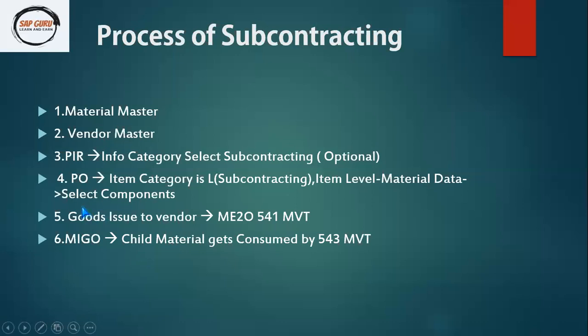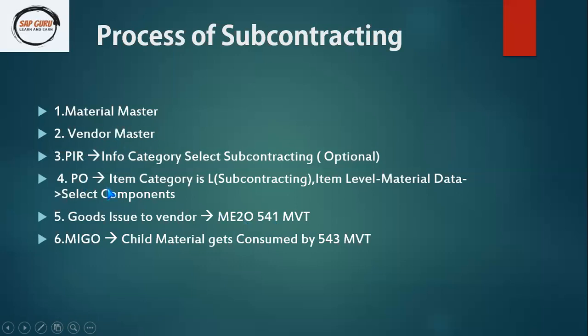Once the PO is created, then we have to issue the goods which we are supplying to the vendor's premise through a transaction called ME2O and movement type 541. Why have I put this information? Because the other transactions you might already know: MM01, SK01, and PIR is ME11 and PO is ME21N.